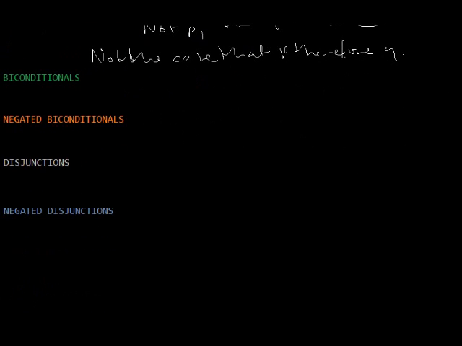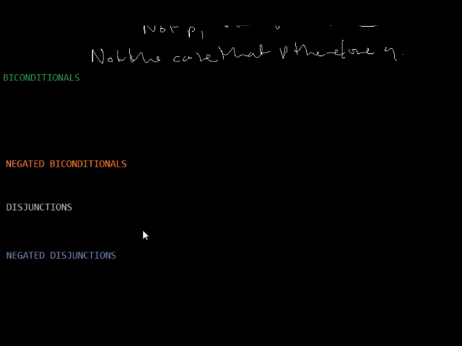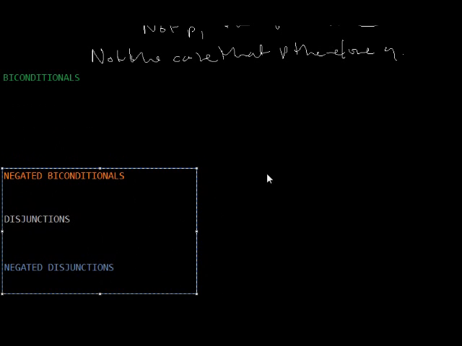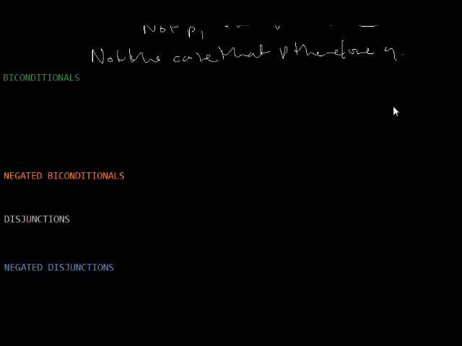So biconditionals are ones that seem to confuse a lot of people. So let's really go over what a biconditional means, and let's look at the truth table for the biconditional. Let's set that up in here.